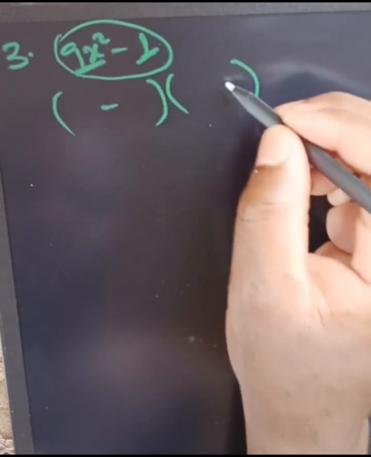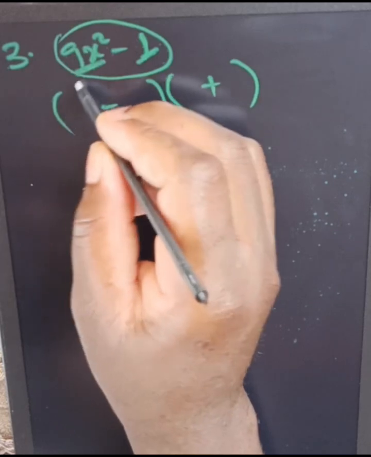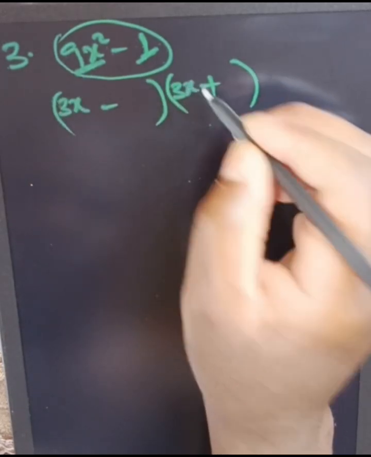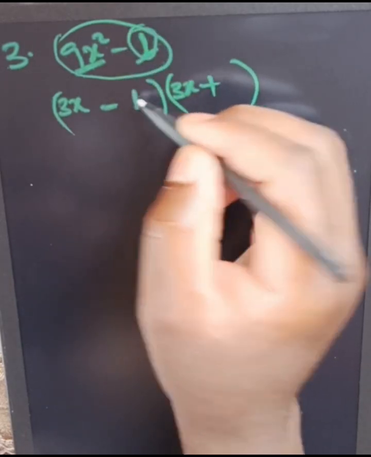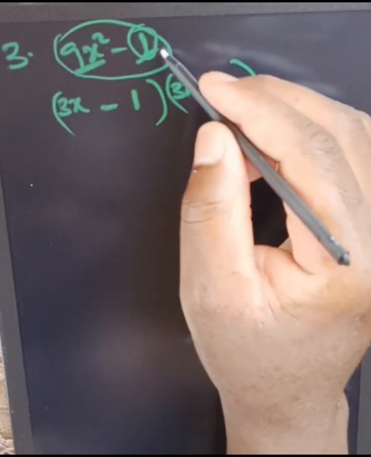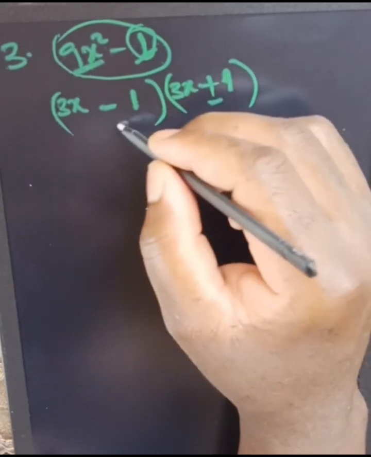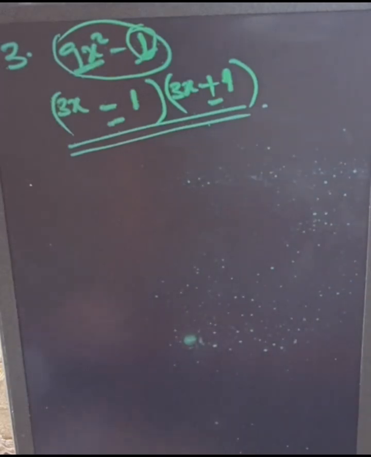Write a negative on one bracket, a positive on the other. Square root for that one, 3x, and for this one, 1. So it's just a simple trick. We need to find the square roots for two numbers, then open two brackets, a positive on one side, a negative on the other bracket, then write the square roots like that.